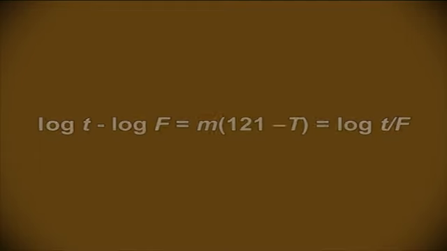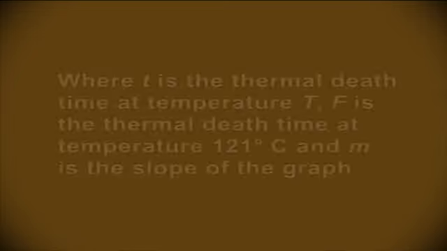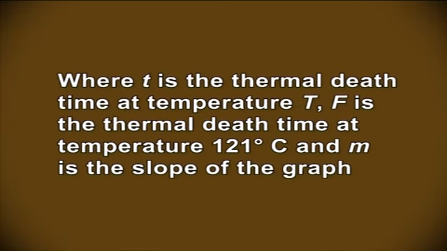We can then write from the graph: log T minus log F is equal to m into (121 minus T), which is equal to log T divided by F, where T is the thermal death time at temperature T, F is the thermal death time at the temperature 121 degrees Celsius, and m is the slope of the graph.